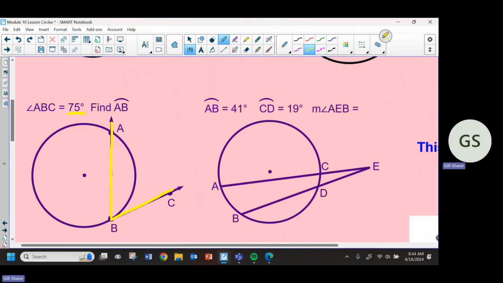What kind of angle does that remind you of? I'll give you hints. Where's the vertex of this angle? On the circle, right? What other angle had a vertex on the circle?